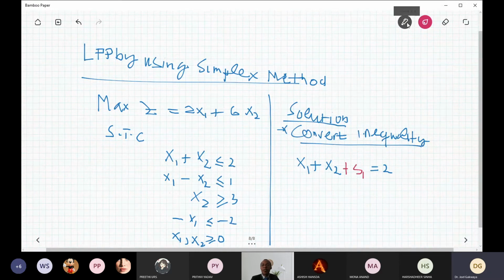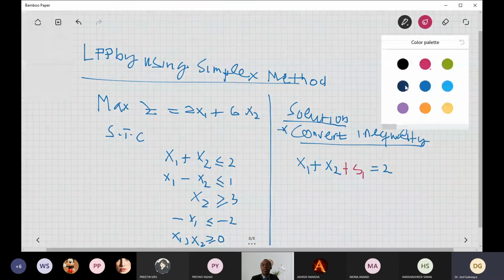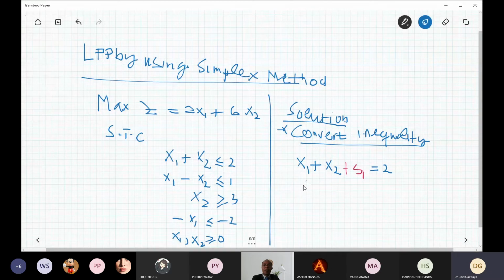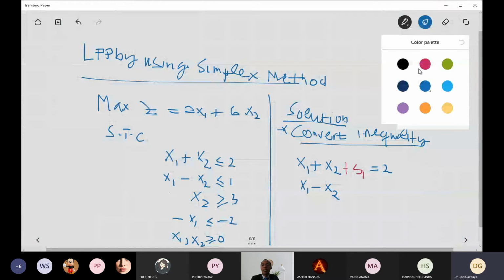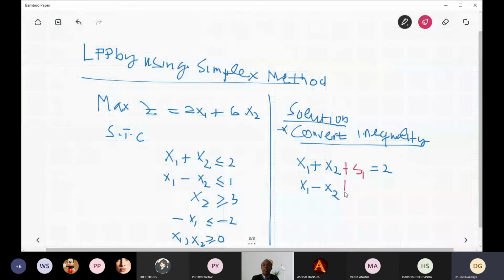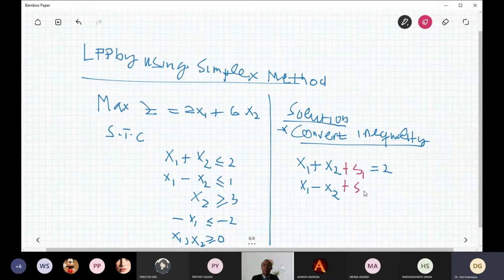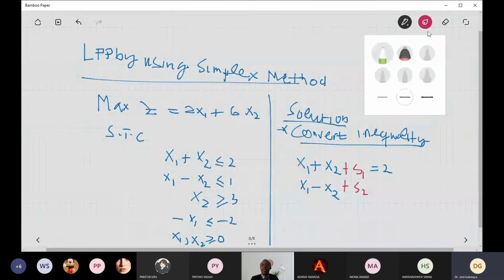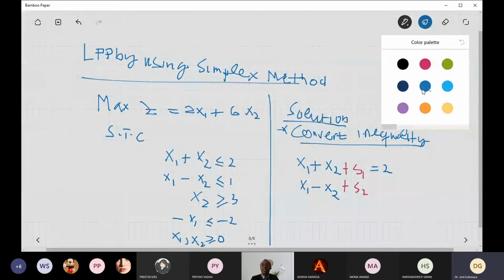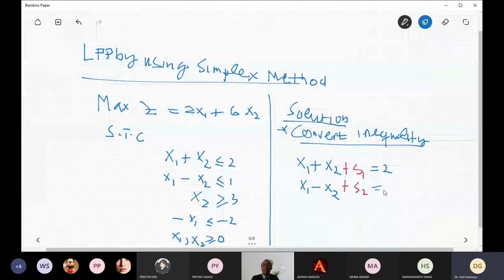For the second equation, we have x1 minus x2 plus S2. Why plus S2? Because the sign is lesser than, 1, so it is equal to 1.